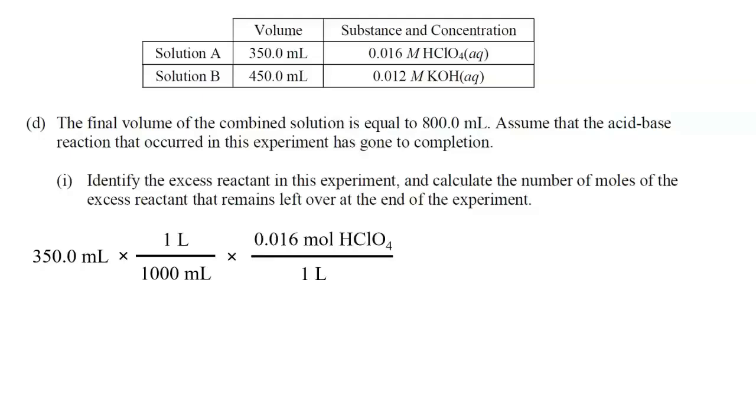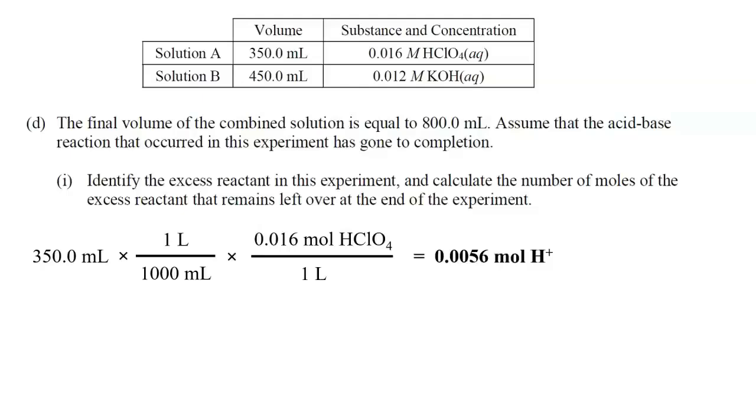If we do this math of 350 divided by 1,000 and then times 0.016, this will not only give us the number of moles of perchloric acid, because perchloric acid is a strong acid, it's actually the number of moles of H+, or hydronium ions, in solution. And so we get 0.0056 moles of H+.